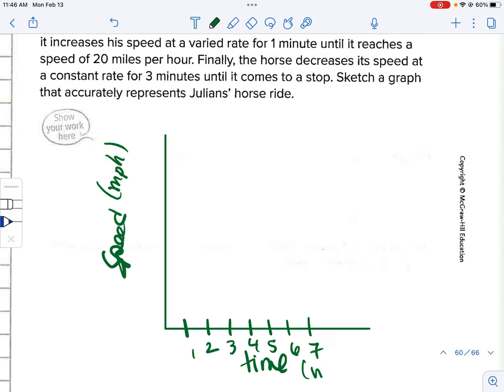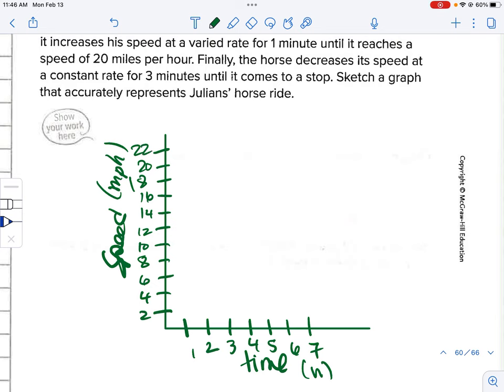This is hours. Okay, so I'm going to do 2, 4, 6, 8, 10, 12, 14, 16, 18, 20, and I'll go up to 22 just to be safe.